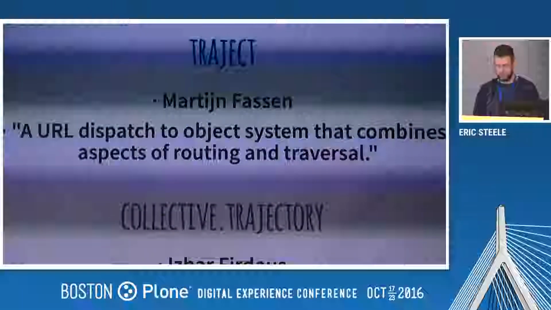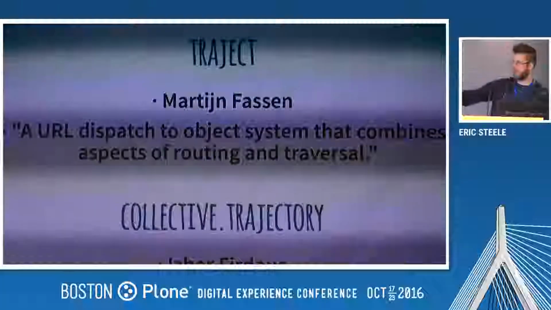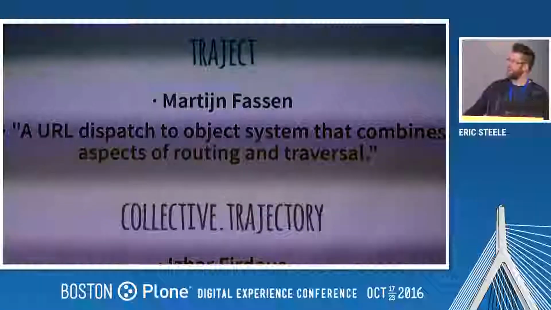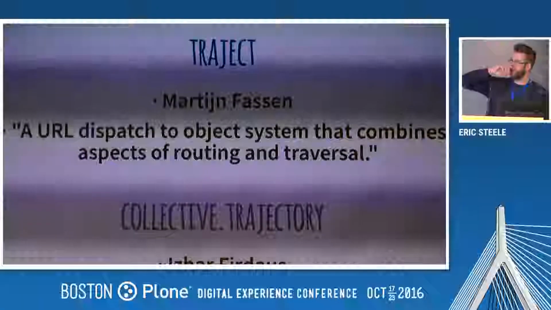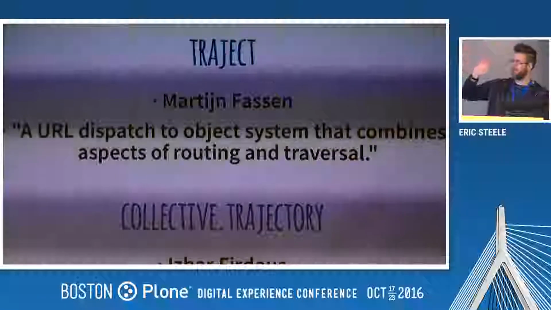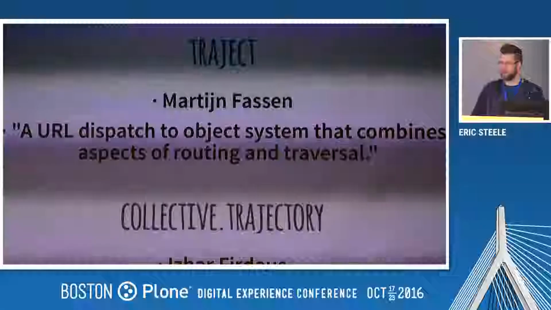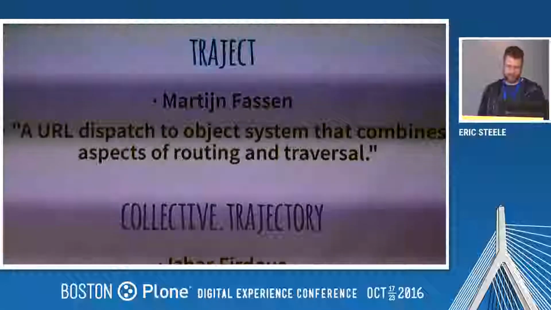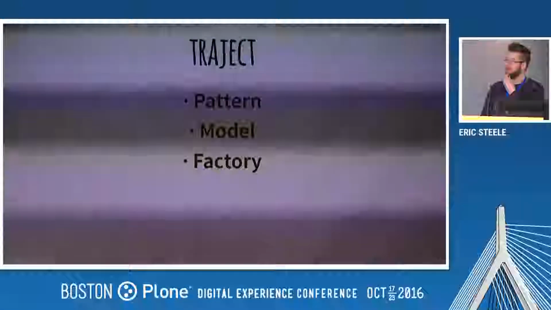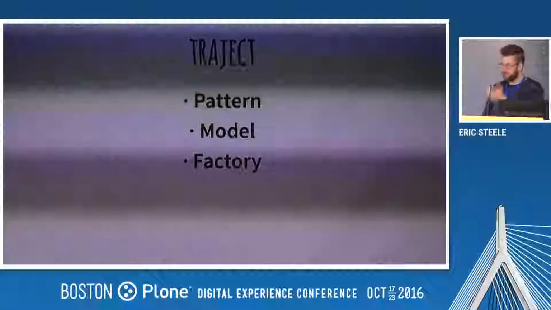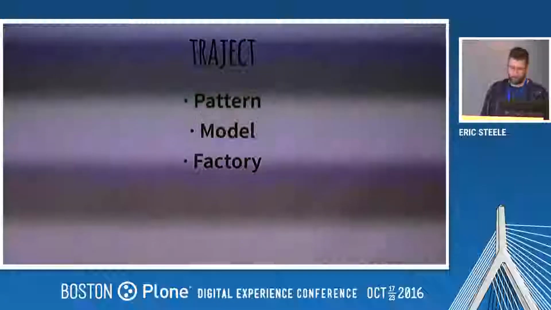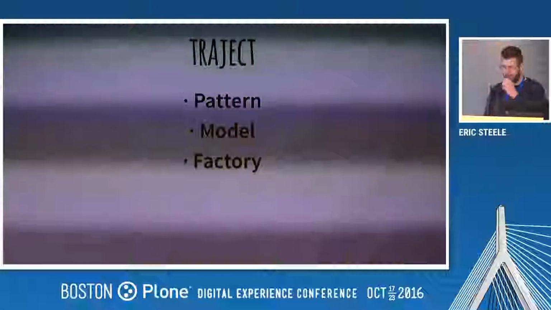We were using a product called Collective Trajectory, and I'm not going to pronounce his name, I'm sorry, which was basically a Plone implementation of Martijn's package called Traject, which allows you to do different aspects of routing and traversal, using ways to pull data out of the URL, to take a path and turn it into something we can work with and pull variables out of it.